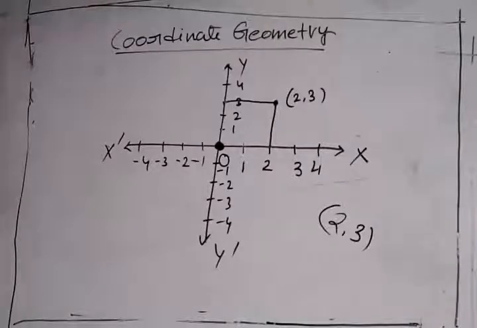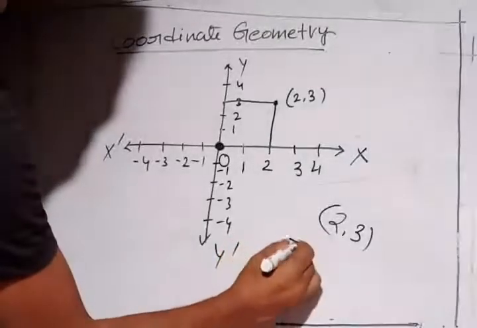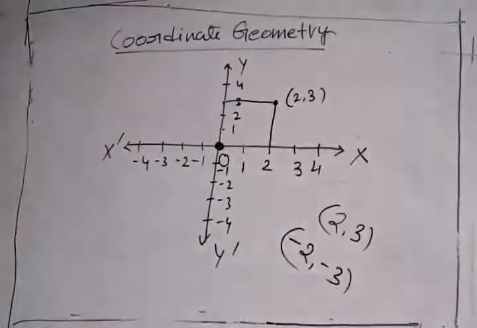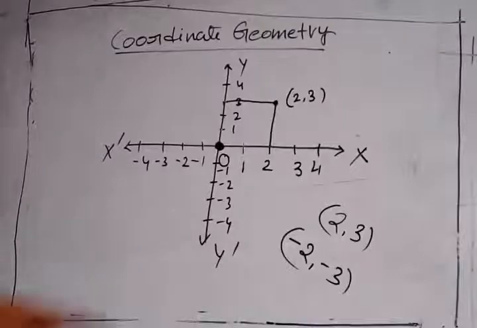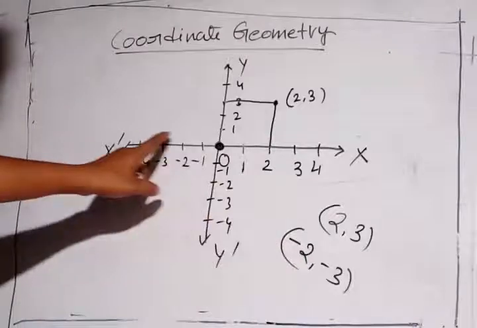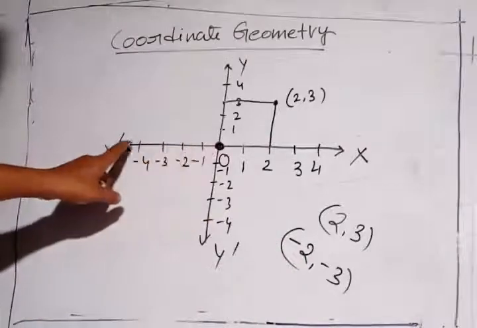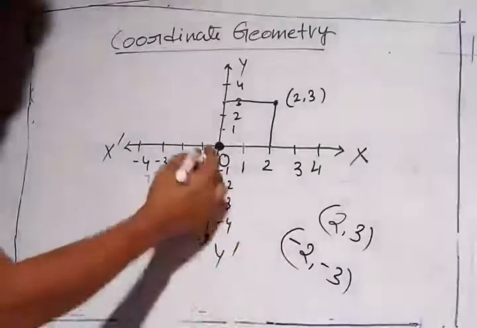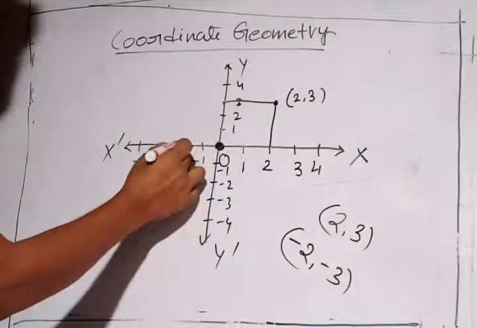This way you have to put the values. Now suppose you have -2 and -3. You have to put -2 and -3 in this graph paper. And how will you do? -2, that means the value of x is -2. This way you will get the negative value of x, left side. So -1, -2, this.